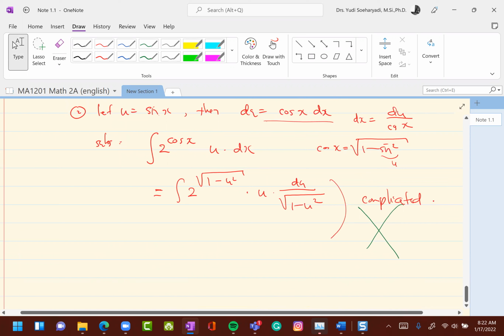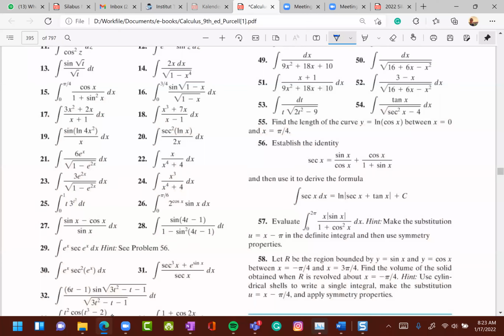By doing more and more problems, you will recognize which one works and which one doesn't. That's only experience, and we'll tell you that. Okay, questions?